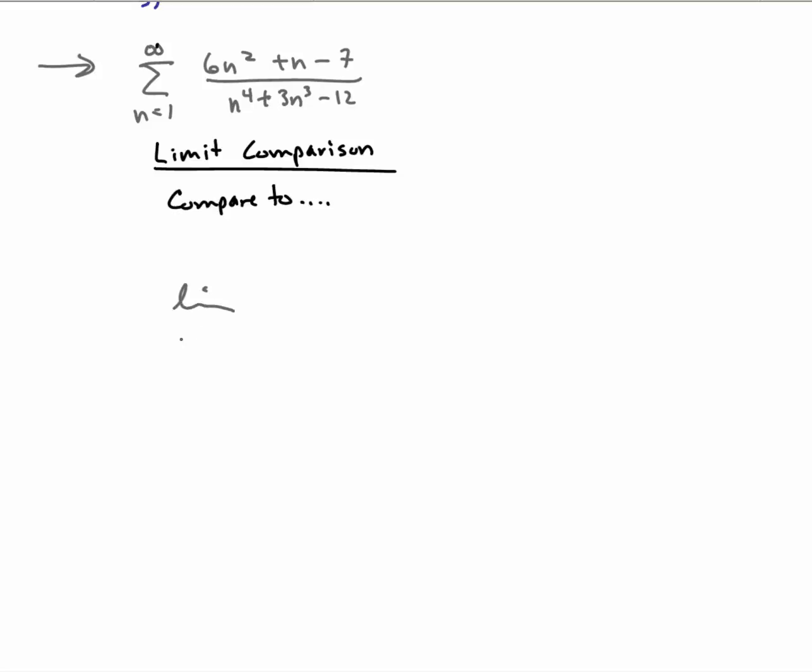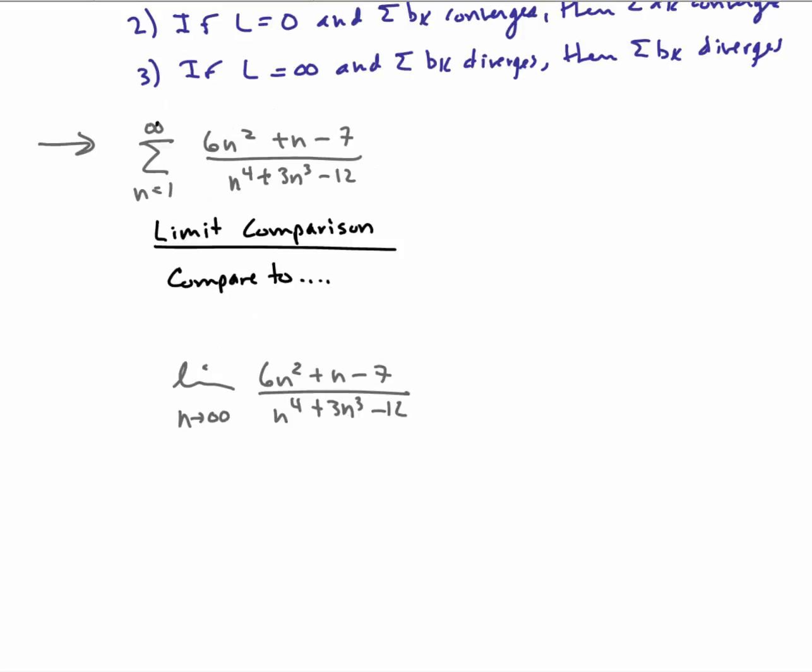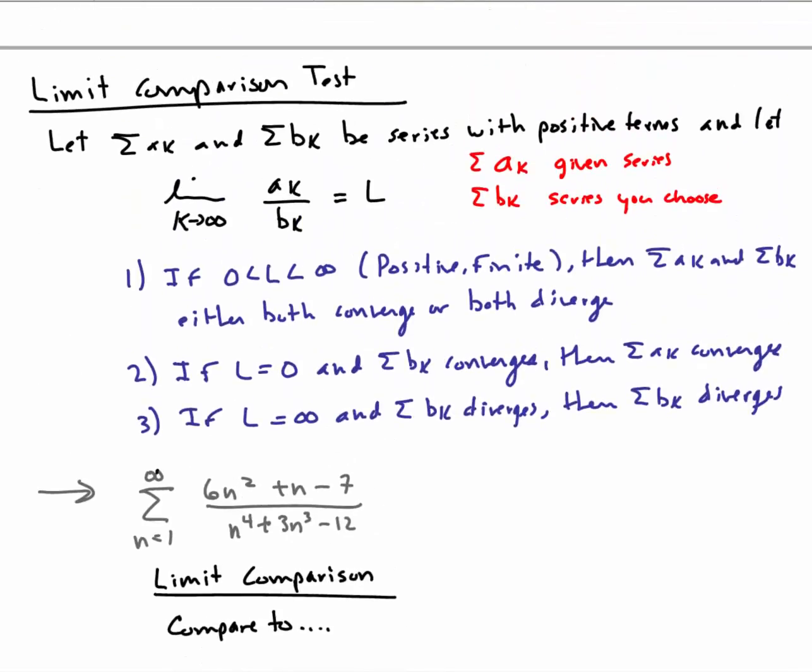I know that when I take this limit, when I divide by that fraction, I multiply by the reciprocal. So this was my original, and let's scroll back up here. It's my original given series that's on top, and on the bottom is what I choose.